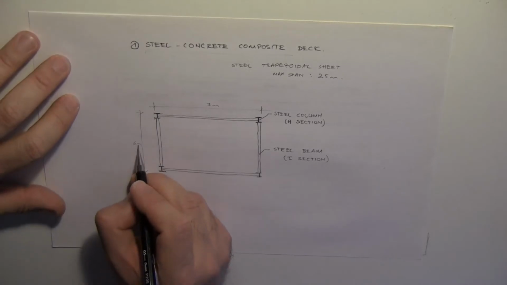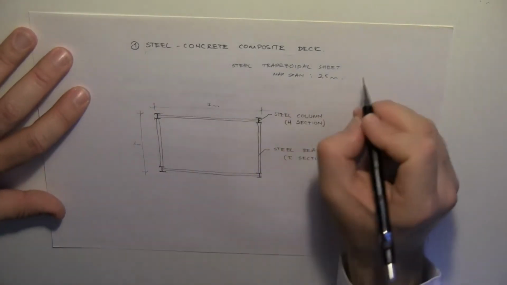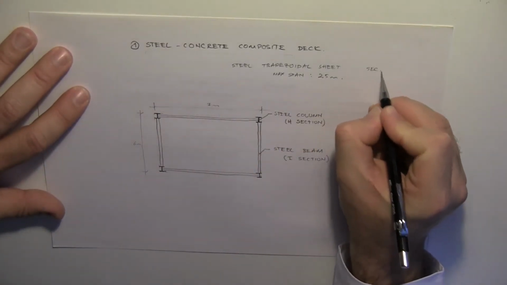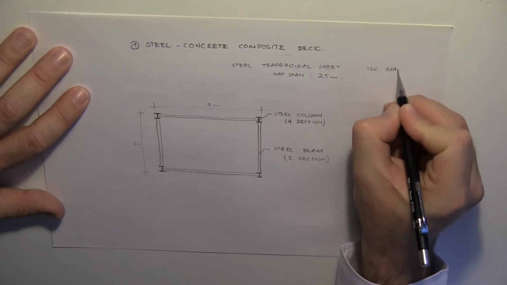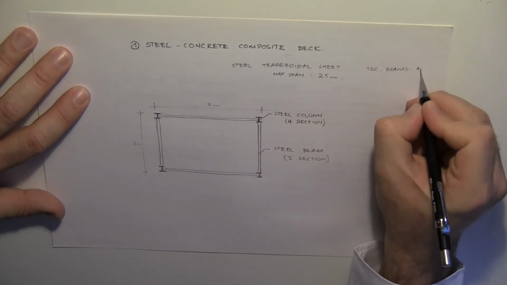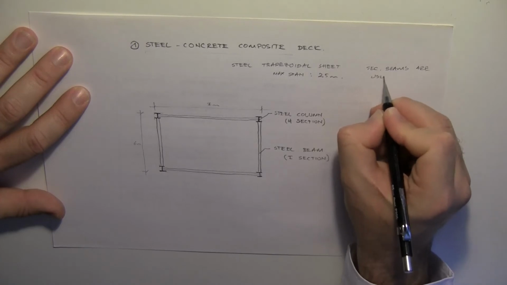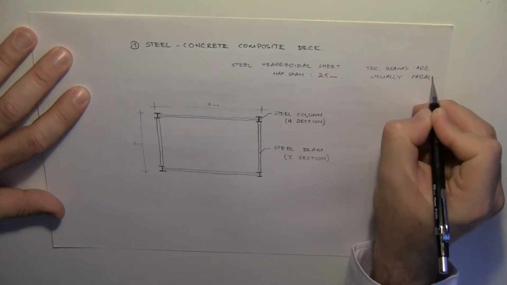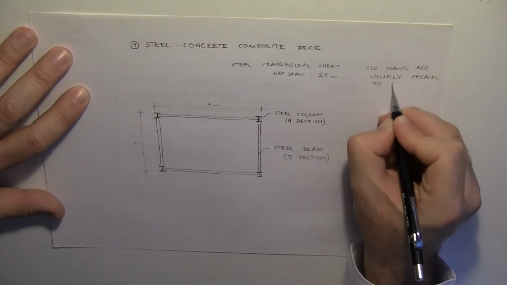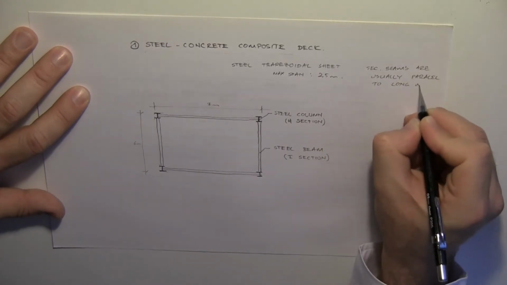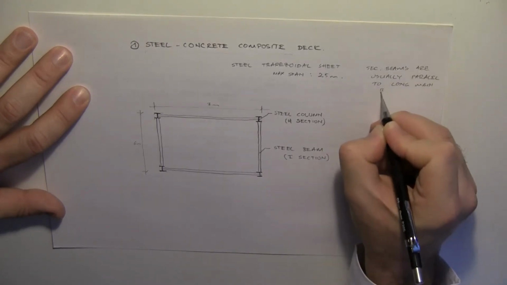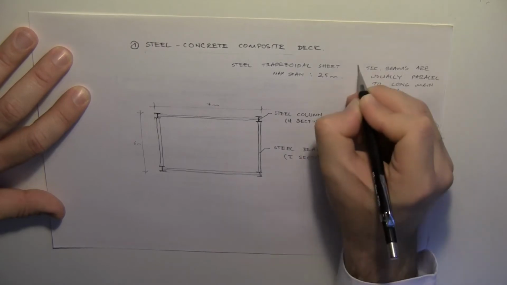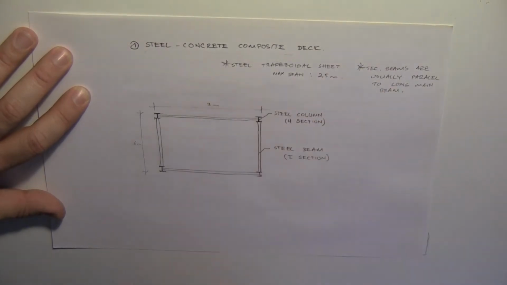As this is 6 meters, firstly, the first rule is secondary beams are usually parallel to the long main beam. Okay, that's an important rule that you need to follow.